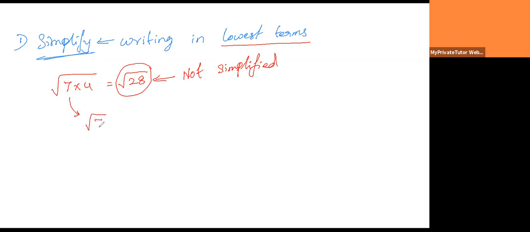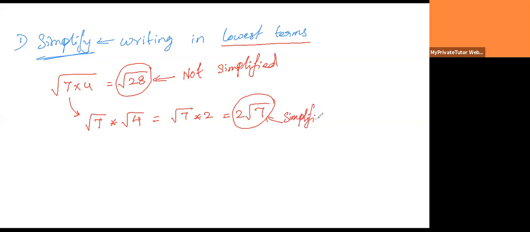Can we write square root of 7 times 4 as square root 7 times square root 4? Now, what is square root 4? 2, right? So which is nothing but 2 root 7. So this is the simplified answer.